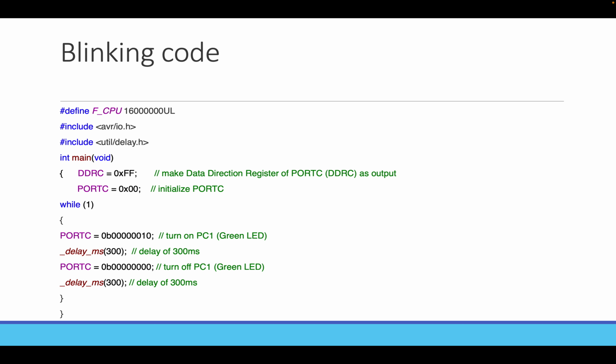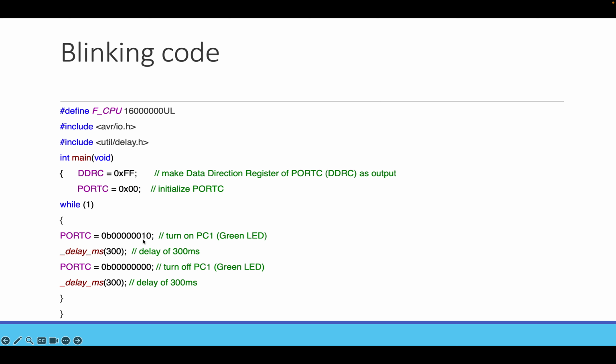Then we will begin the blinking code itself. We put PORTC equal. We will turn on the green LED connected to PC1, which is bit 1 in port C. So you will see here the position of bit 1.